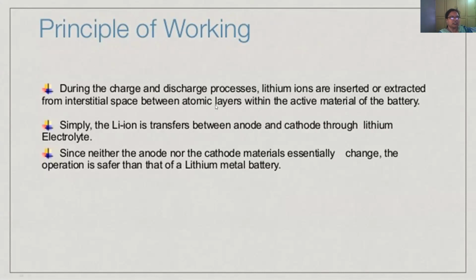During charging and discharging, lithium ions are inserted or extracted from the space between atomic layers within the active material of the battery. Lithium ions are transferred between anode and cathode through the lithium electrolyte. Since neither the anode nor the cathode materials essentially change, the operation is safer than that of a lithium battery pack.